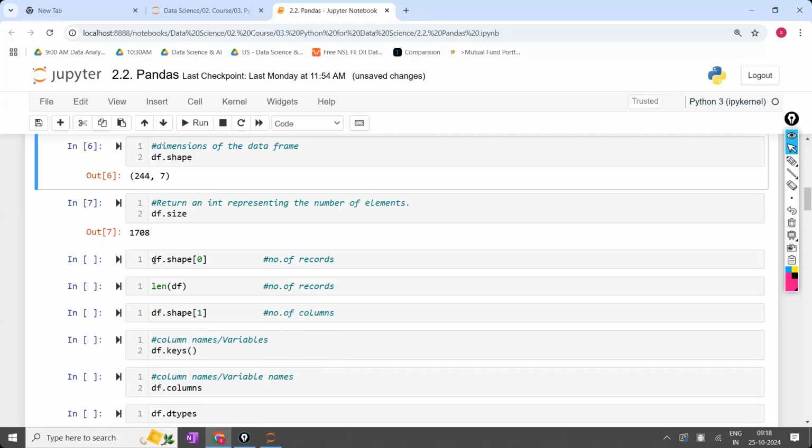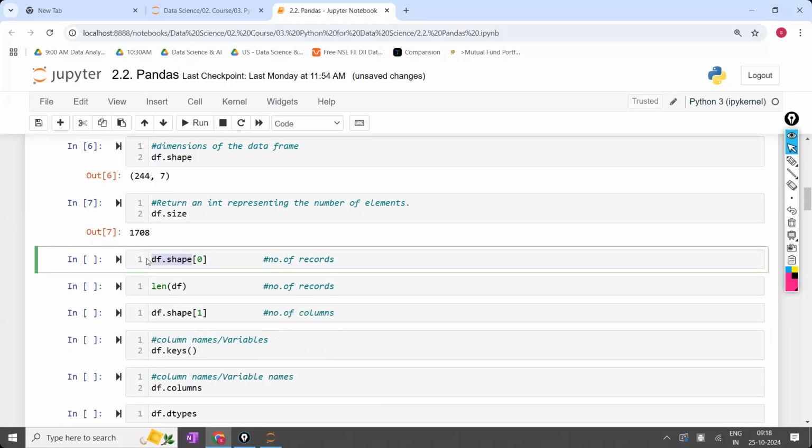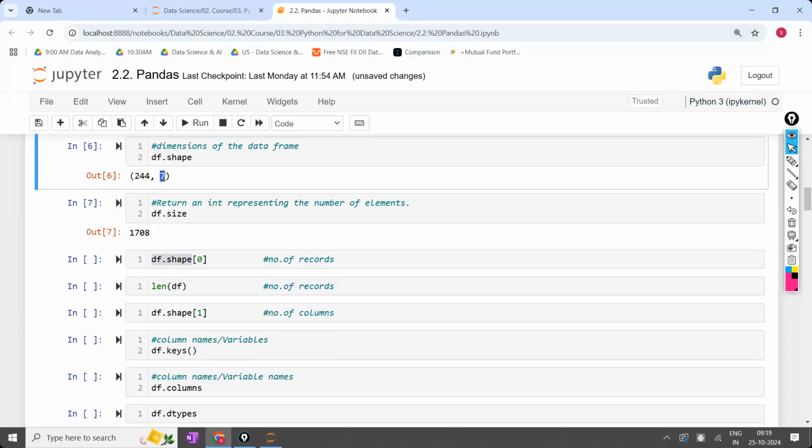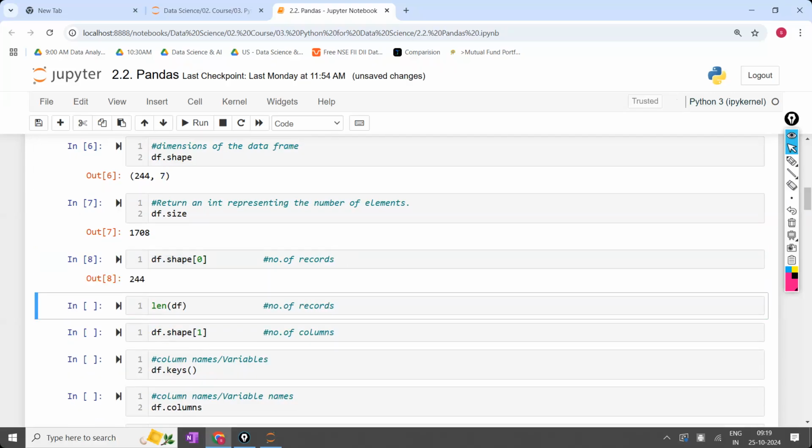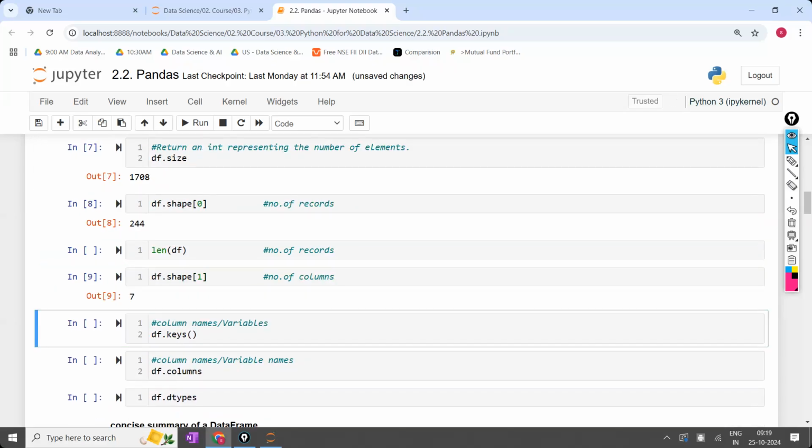You get that by using df.shape, because shape gives a tuple. For the tuple, we apply indexing of 0. Index 0 of this tuple gives the number of records, and index 1 gives the number of columns.